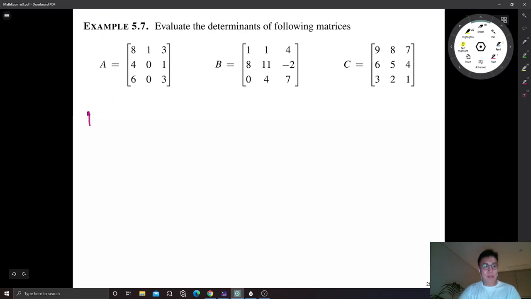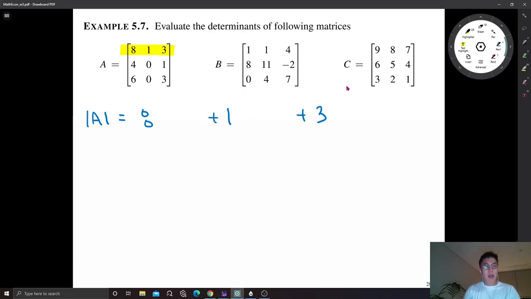Suppose we choose the first row in order to compute the determinant of a matrix A. Then the determinant of A is going to be a linear combination of the entries in the first row, A11, A12, A13, and then the corresponding cofactors.